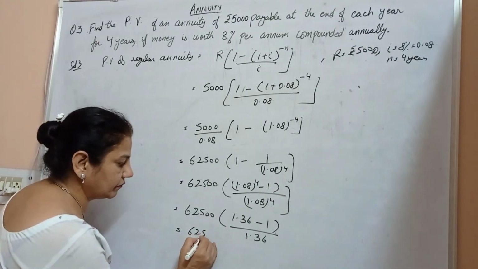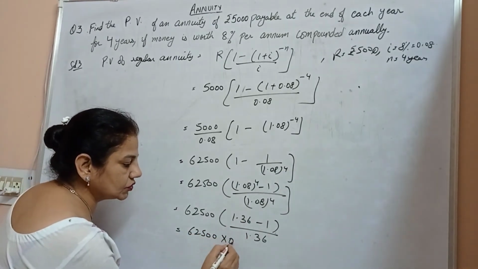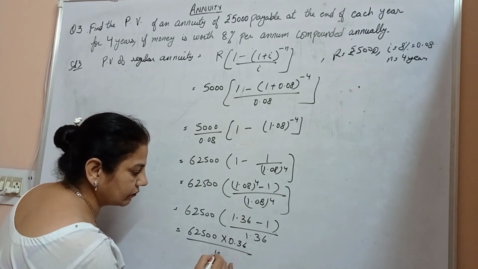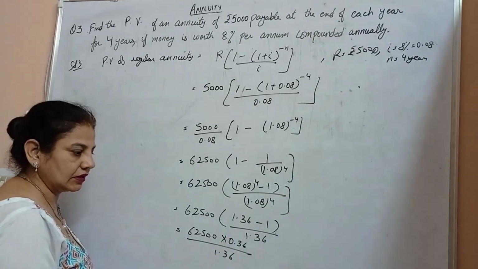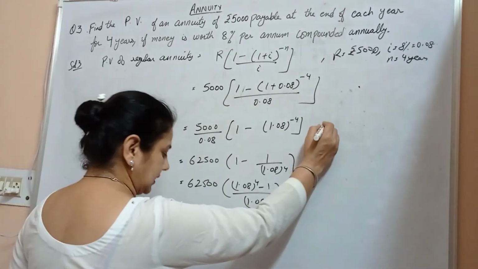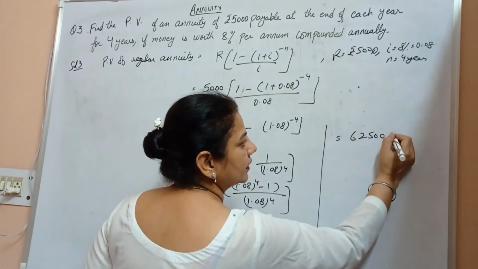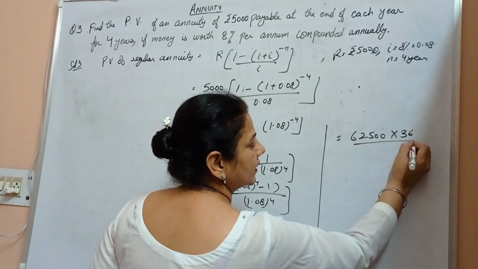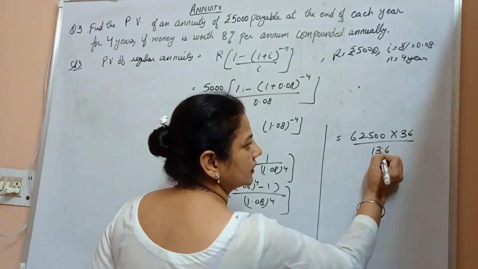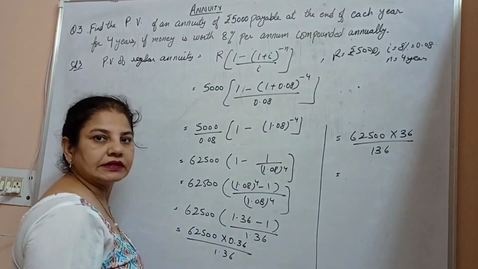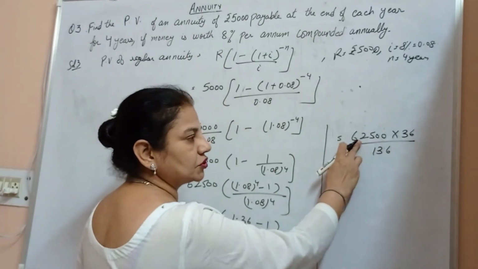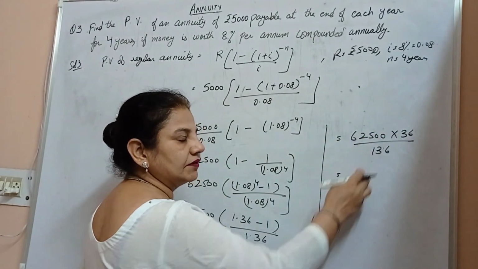So 62,500 into 0.36 upon 1.36. Decimals cancel out, and we have to multiply this as 62,500 into 36 divided by 136. Multiply 62,500 by 36 and then divide by 136.